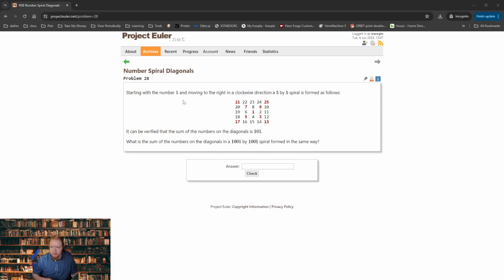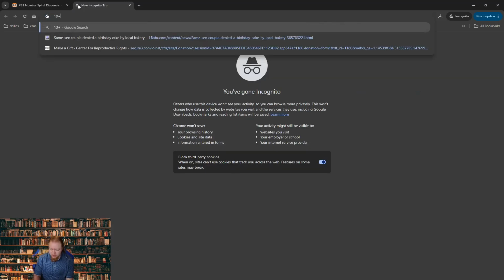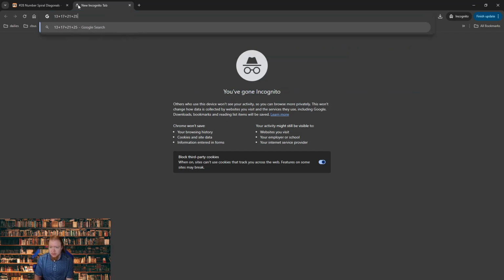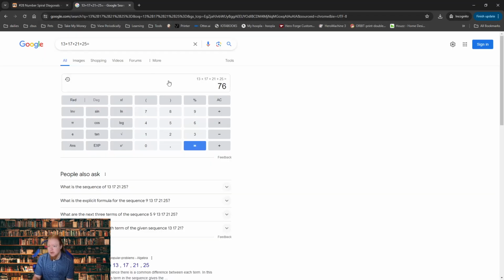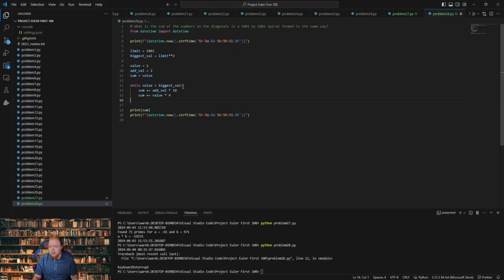Okay. What was that number that we got before? 76? 13 plus 17 plus 21 plus 25. 76, which is 4 times 10 plus 9 times 4. Okay, so that's the pattern that we want. So for this initial square, it's going to be that.